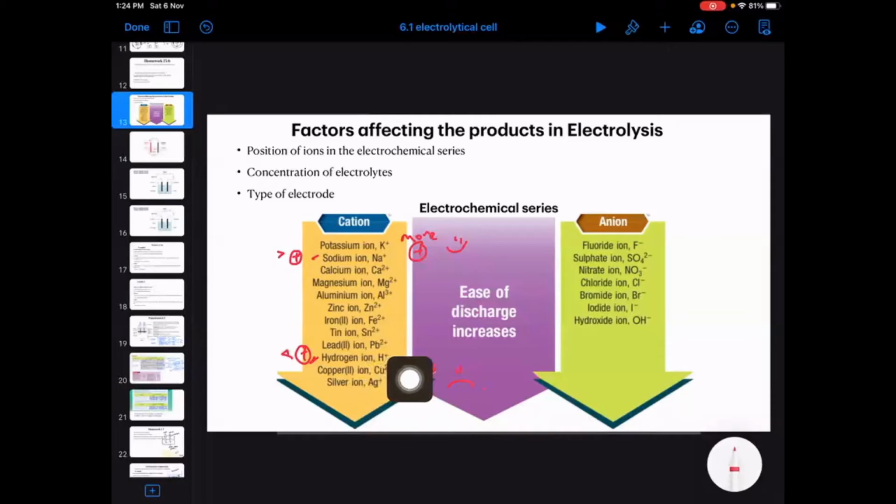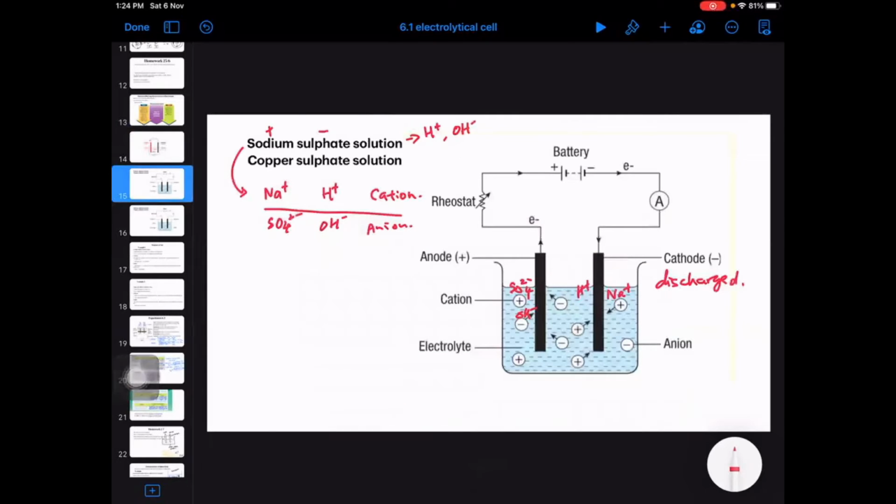So this hydrogen ion will lose the charge, and it's very easy for hydrogen ion to lose the charge compared to sodium ion. Sodium ion is happily a positive ion. Hydrogen ion is not so happy, so he will lose the charge. He wants to lose the charge. So we select hydrogen ion to lose the charge. Okay, so hydrogen ion will be selected to be discharged because it's less electropositive.